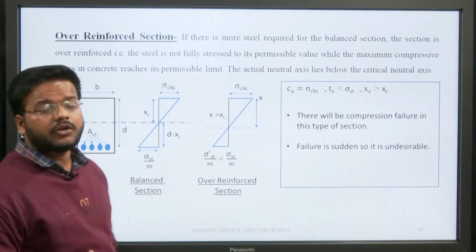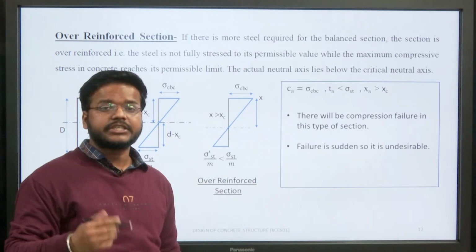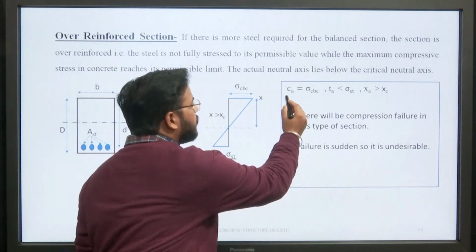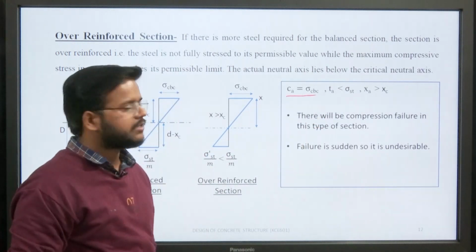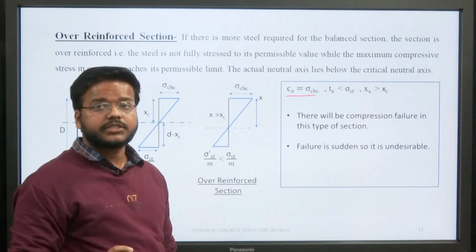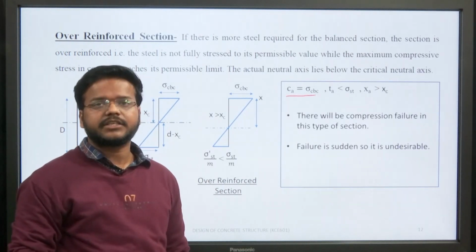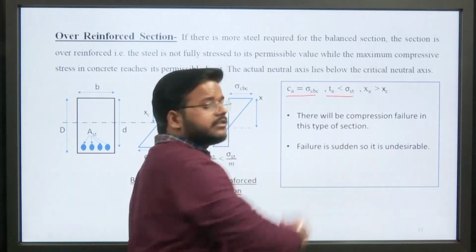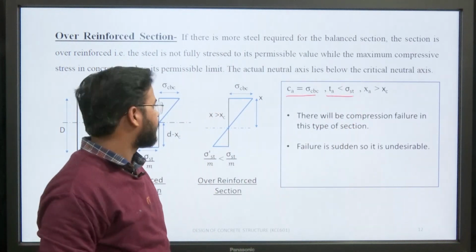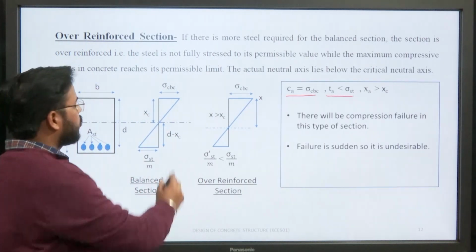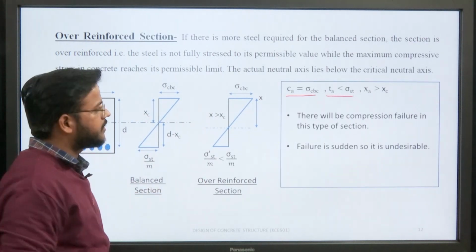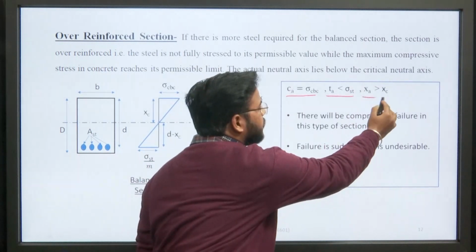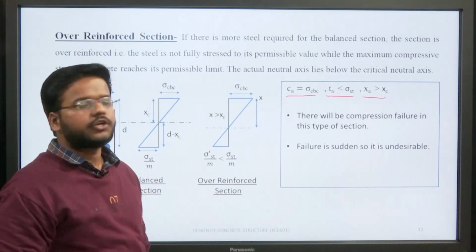Here the maximum permissible limit is first reached in concrete, equal to sigma CBC, but the stress in steel has still not reached its maximum permissible value, so it is still less than sigma ST. Here the position of neutral axis is below the critical neutral axis, that is, lower than the critical neutral axis.